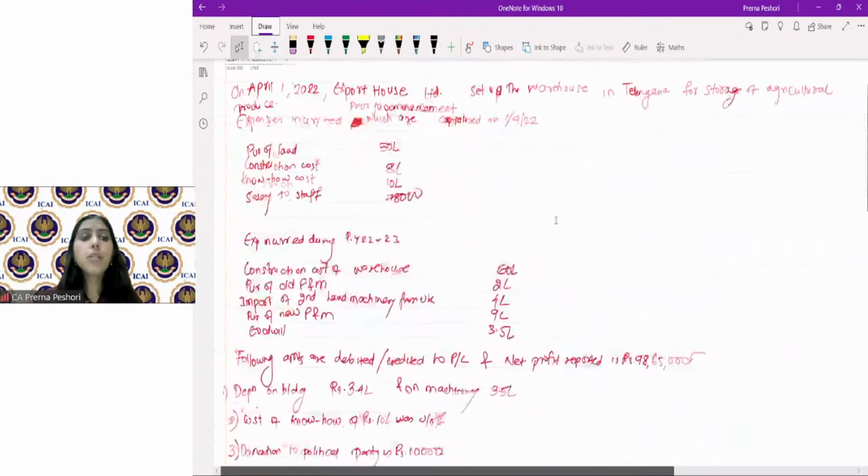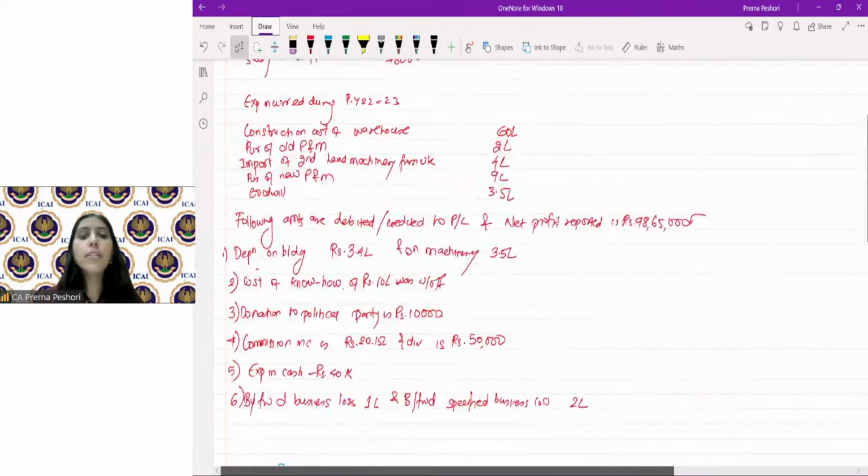Then what about the purchase of old plant and machinery, which is 2 lakh? Whether this will be allowed? Yes.